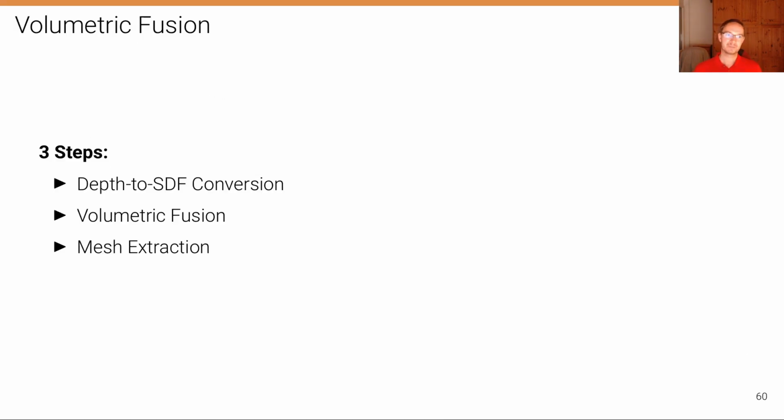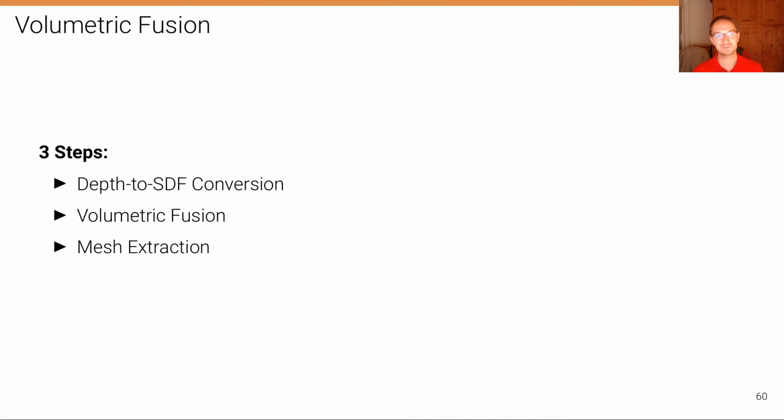Okay, so given this representation, what do we do? Volumetric fusion typically has 3 steps, at least if we assume depth maps as input. The first step is to convert the depth map to this discrete signed distance field, signed distance function representation that we've just seen.